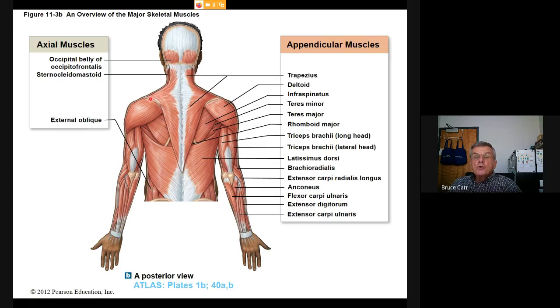Notice how if you contract these trapezial muscles, it's going to lift that scapula in this direction. These would pull it toward the spine, but these fibers down here would pull the scapula down. It would depress it down toward the lumbar vertebra. So this is another example, like the deltoid, of a great big fan-shaped muscle that is capable of moving the bone in several different directions.